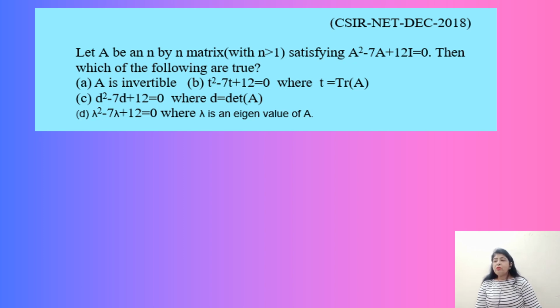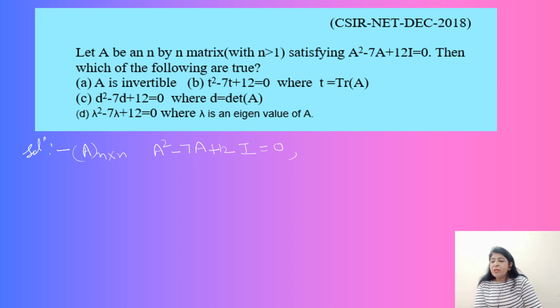So first of all, we are given an equation. A is a matrix of order n by n and it satisfies the equation A square minus 7A plus 12I is equal to 0.